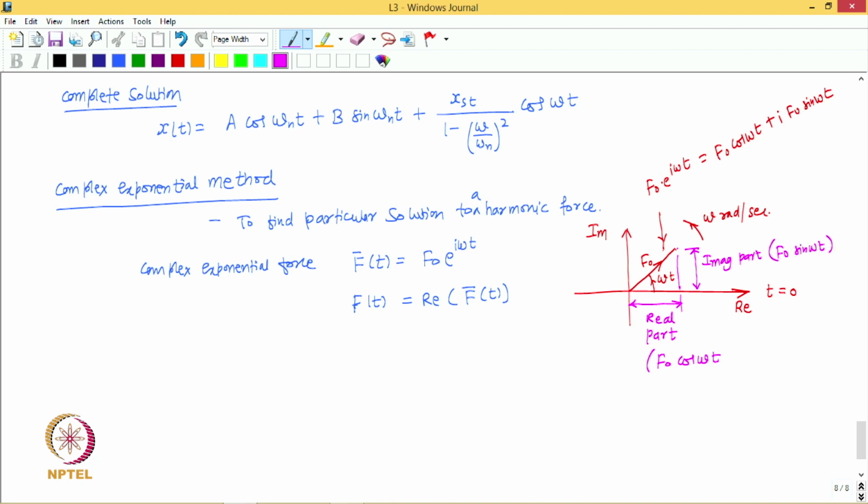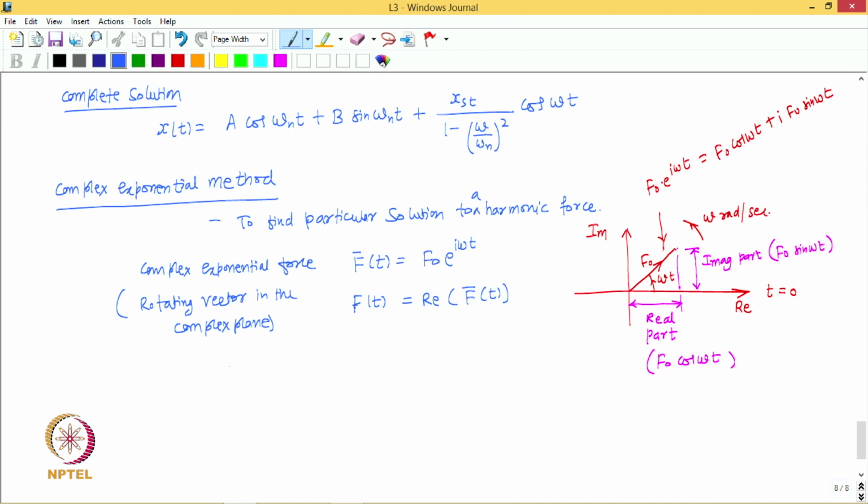So if we combine the real and imaginary parts using complex notation, we end up with F naught cos omega t plus i F naught sin omega t, which can be written using Euler's identity as F naught e to the power i omega t. So the complex exponential force is like a rotating vector in the complex plane.